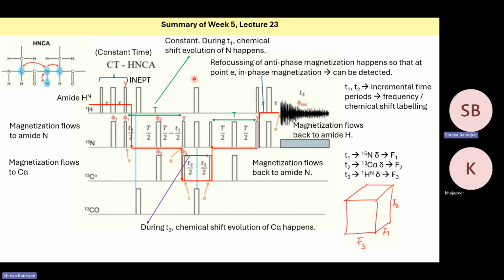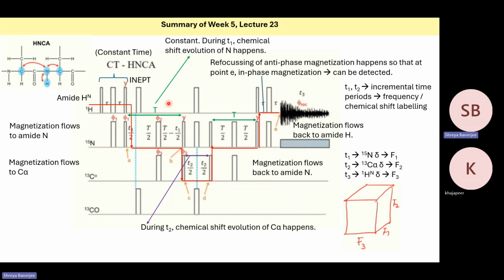If you remember, in HSQC we talked about that when the magnetization comes back to the 1H, it cannot be immediately detected because there can be antiphase terms. A certain pulse sequence and time needs to be given to it so that the antiphase magnetization can be refocused back to in-phase magnetization. And then this in-phase magnetization is collected in the time t3.